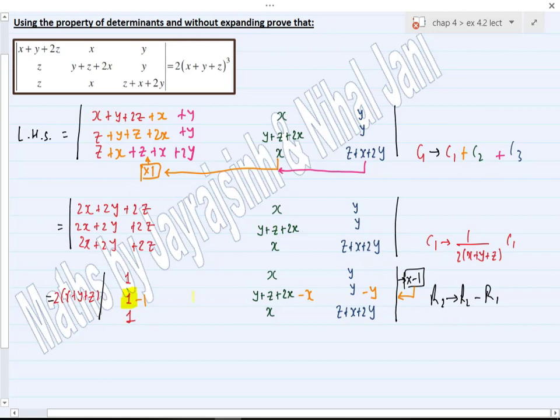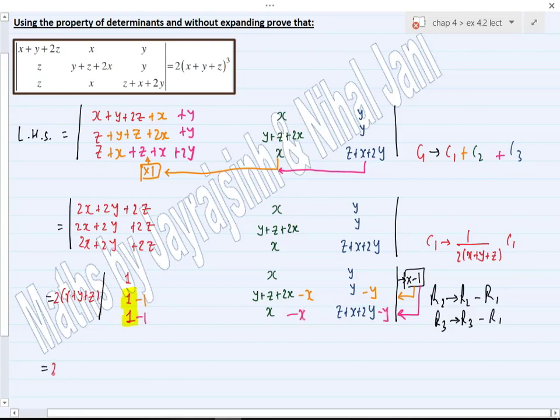Same thing we can do with the third row. We can get 0 at a31 using the first row by the operation R3 gives R3 minus R1. That means we have to multiply minus 1 with the first row and add into the third row. We get the same quantities, minus 1, minus x, and minus y.